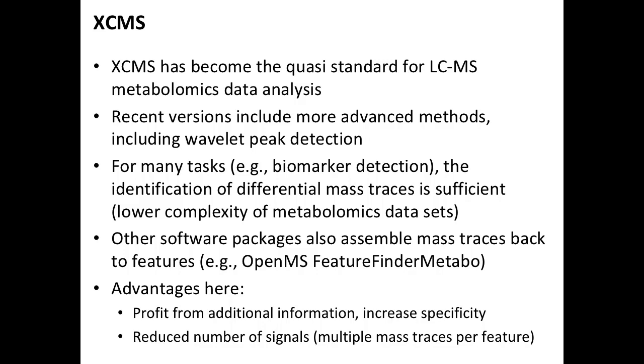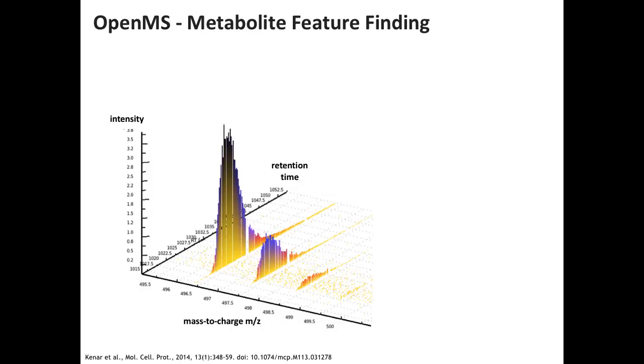Then we started with a very different view on this, because we came out of proteomics and we had this notion of a feature, and we didn't understand why everyone was just looking at chromatographic peaks. So instead, we thought we would do it the same way we've done it for proteomics, and really try to assemble these features. But we started with the same idea.